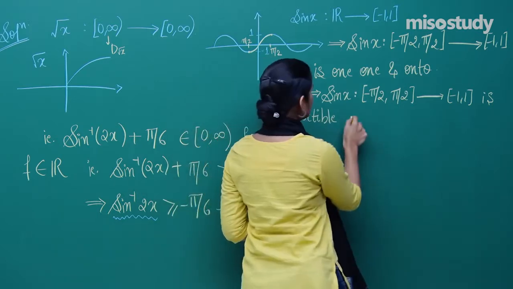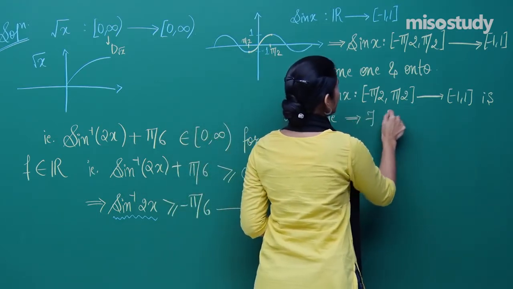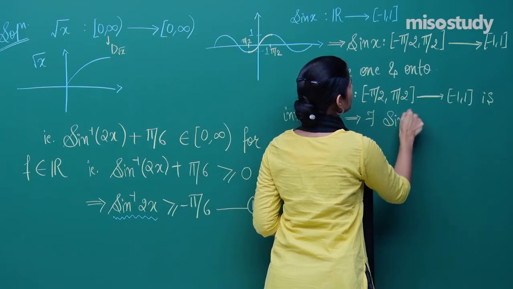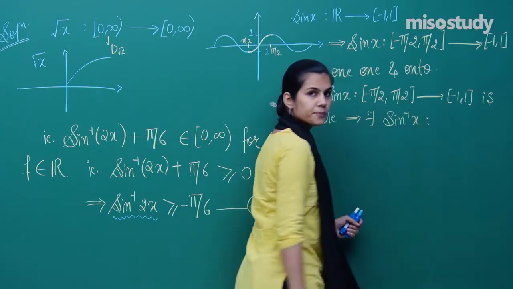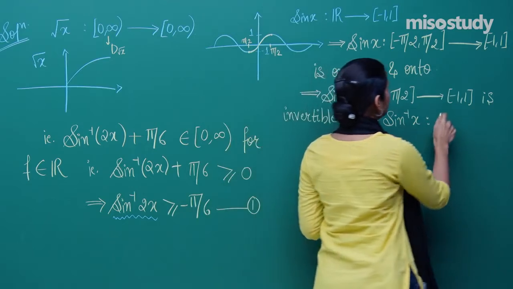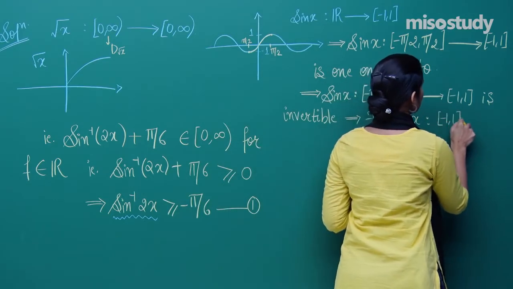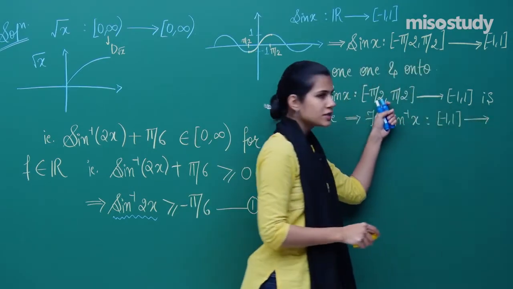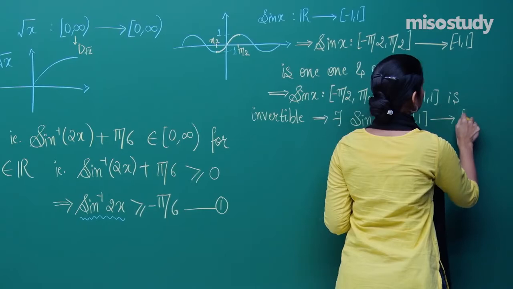Because it is invertible, this implies there exists its inverse. The output set for sine becomes the input set for sine inverse, and the input set for sine becomes the output set of sine inverse.